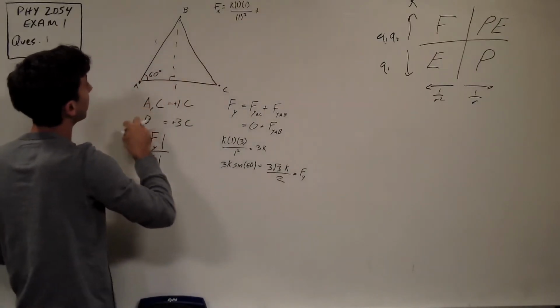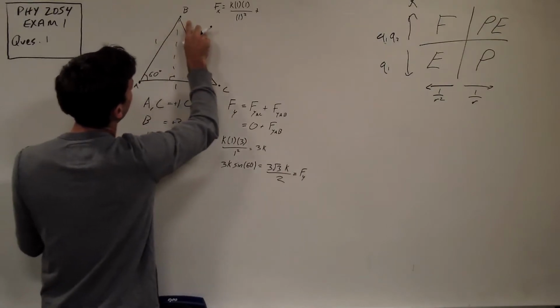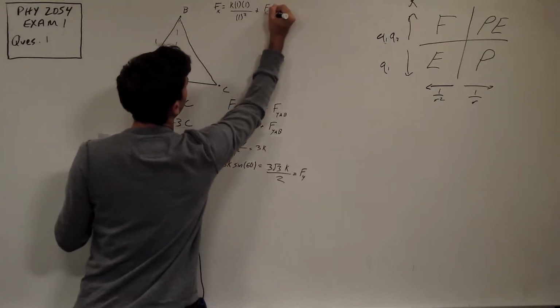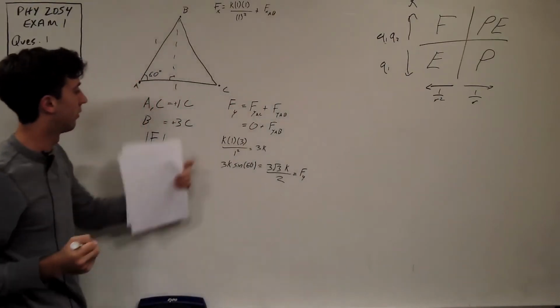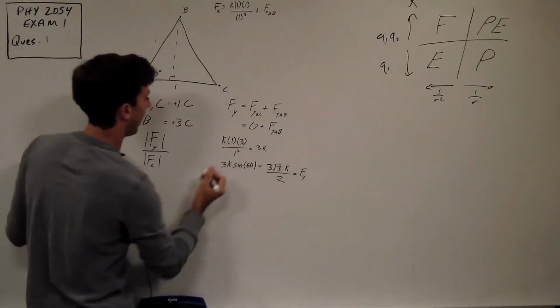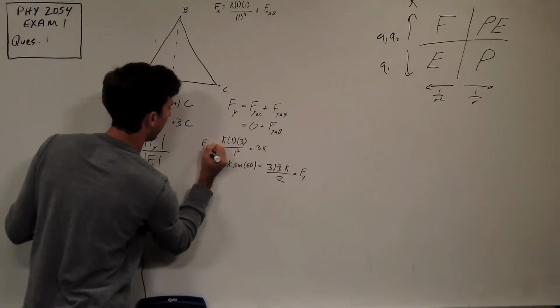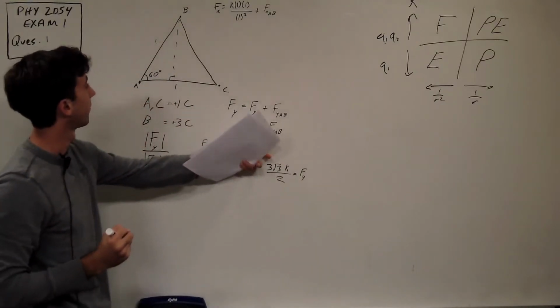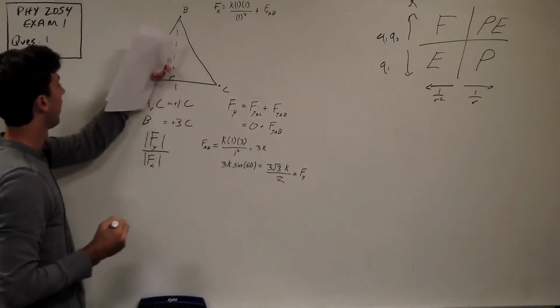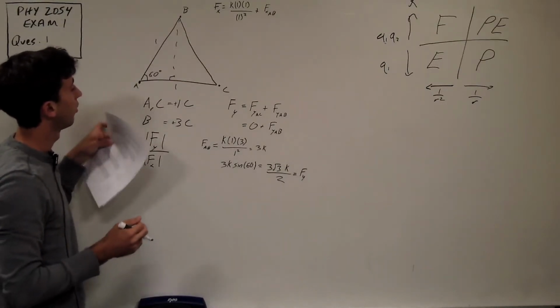And the total magnitude of the force between A and B, let's call the x component Fxab. Before we figured out that the total force between AB was 3K. So we can use that. And now using trigonometry, we know it's going to be 3K cosine 60.